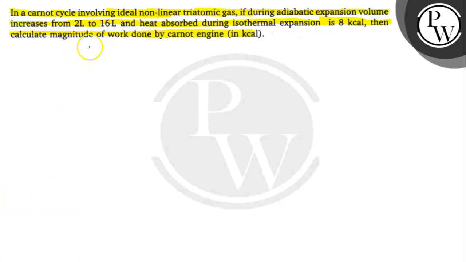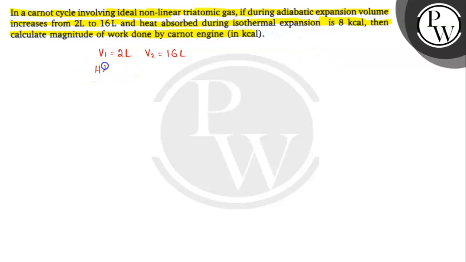So first we have volume V1 that is 2 liter, volume V2 that is 16 liter. So this is given, and non-linear triatomic gas is also given, and we have that during isothermal expansion heat absorbed is 8 kilocalorie.